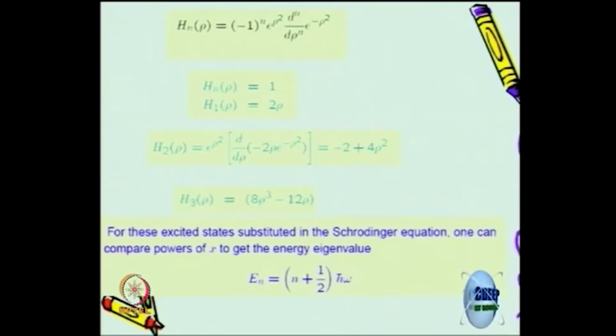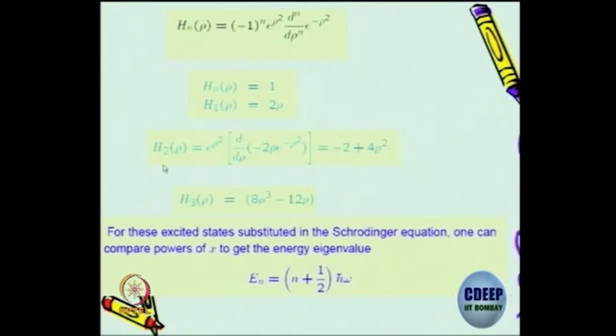I have already shown that once you put a truncation in the series, you automatically find that the energy has to be quantized. Wherever we truncate, if we put a n plus 2 to be 0, then the corresponding energy, which we call E subscript n, will be n plus half h cross omega, and you will go up to a polynomial series up to that. H2 will have the highest polynomial power, which is rho square.